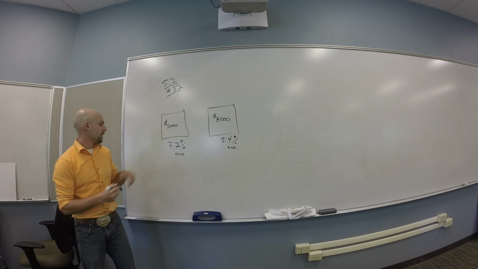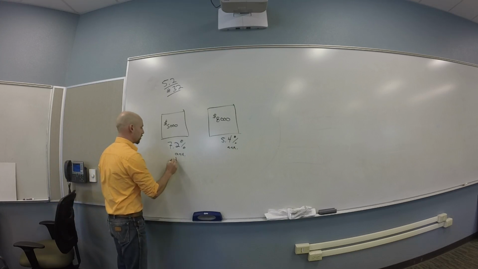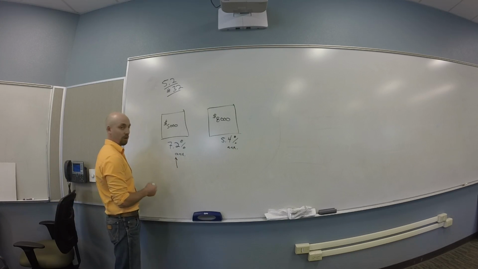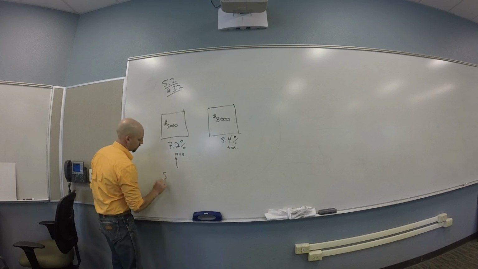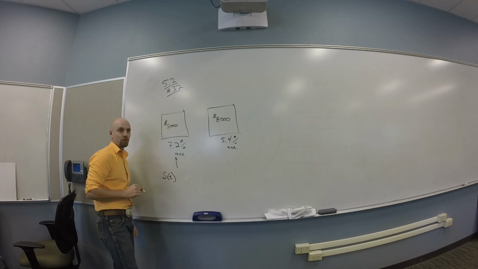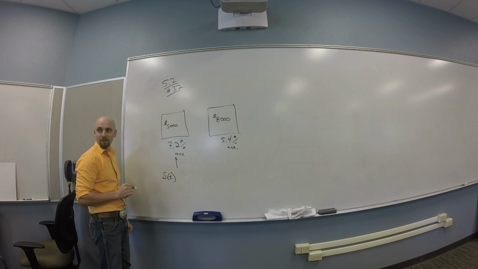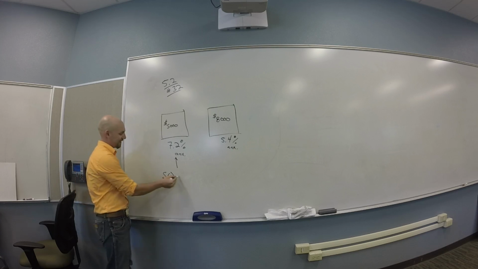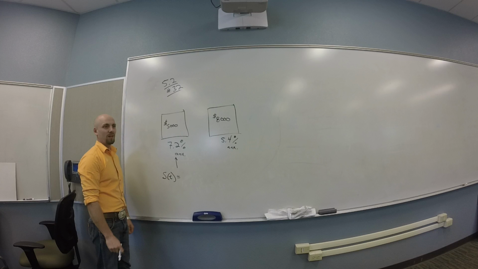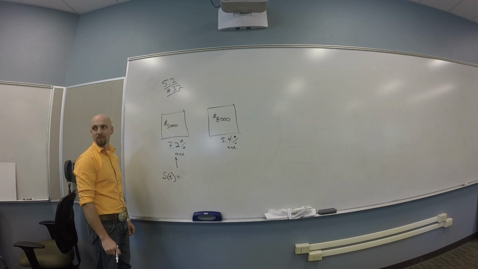Okay, so how about this? We'll call this one smaller. I'm going to write smaller as a function of time. How do I get the amount in the smaller investment?